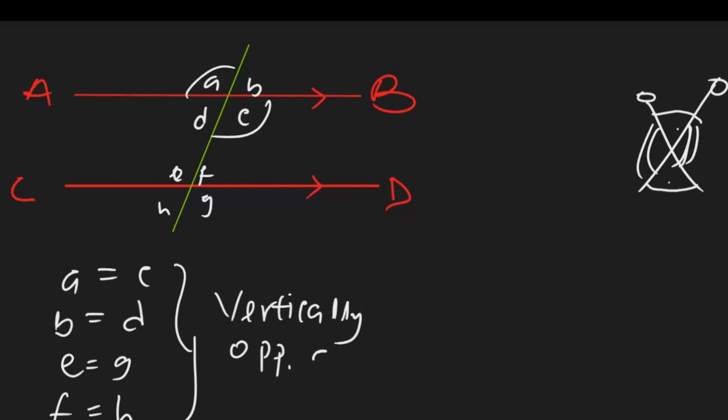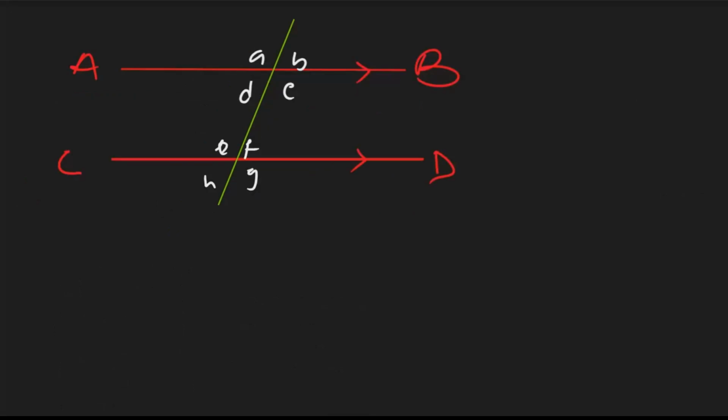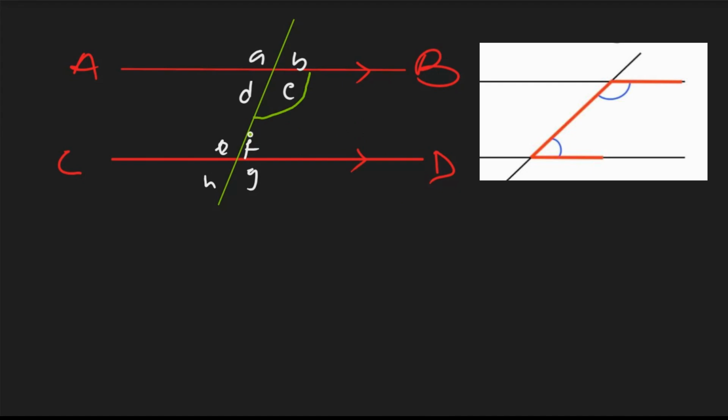Okay, our next property of parallel lines. I'm going to talk about consecutive interior angles, or we can also call them co-interior angles. So they are all the same. You see these angles here, this and that, they are all interior angles. And the ones that you see outside are exterior angles.